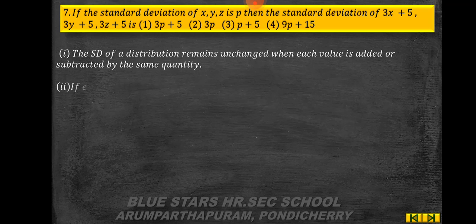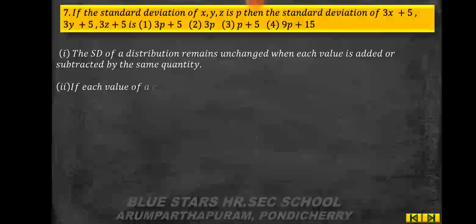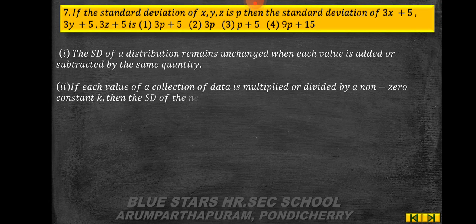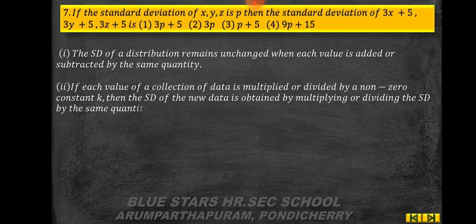The standard deviation of a distribution remains unchanged when each value is added or subtracted by the same quantity. If each value of a collection of data is multiplied or divided by a non-zero constant k, then the standard deviation of the new data is obtained by multiplying or dividing the standard deviation by the same quantity k.